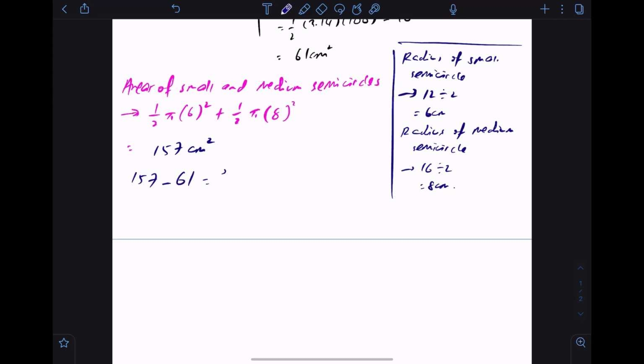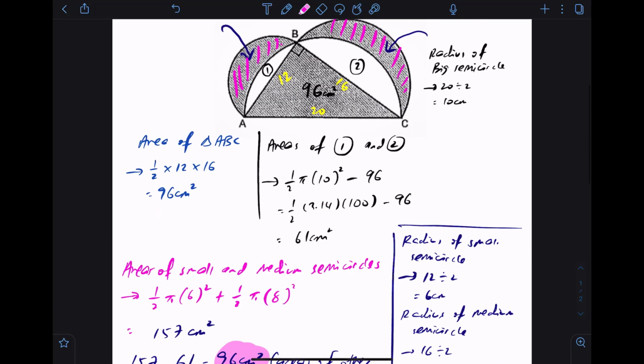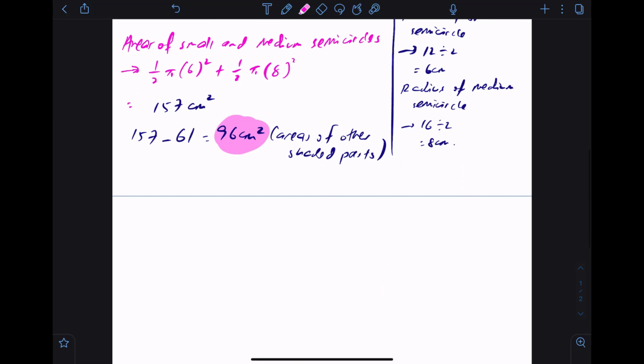You get 96. Okay, this is the area of the other shaded parts. Okay, so now that we know that that will be 96, plus the right angle triangle earlier, also 96.